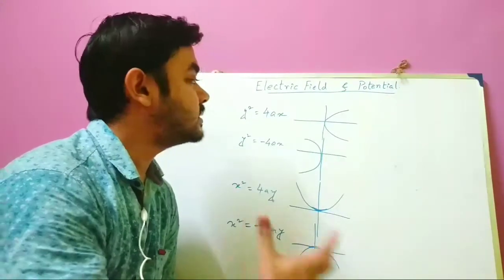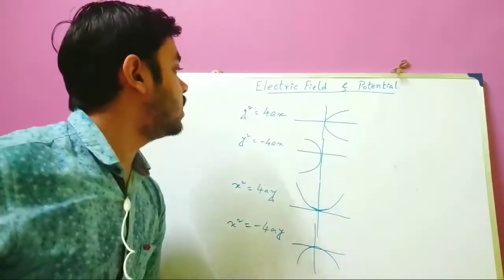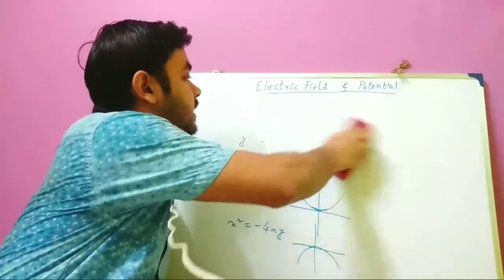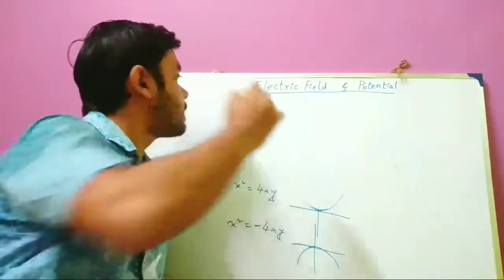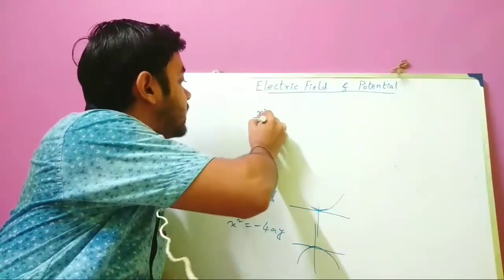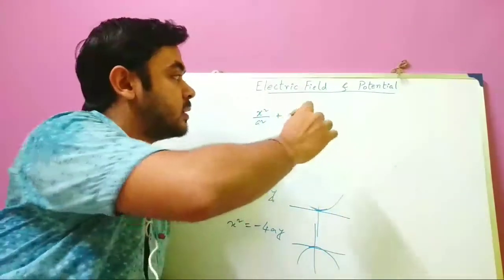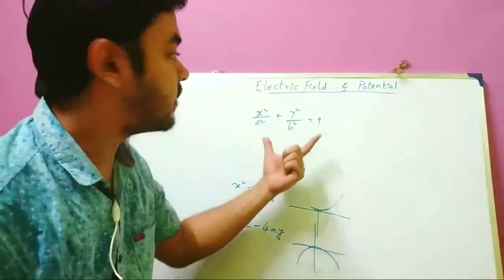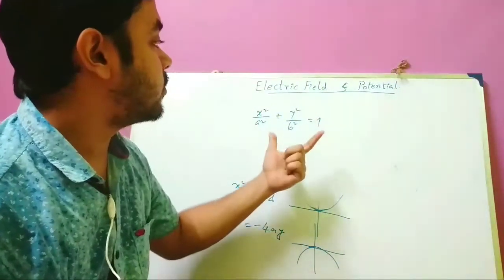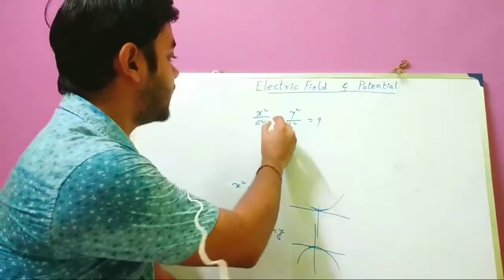Okay, now what is the general equation of a hyperbola? We know the general equation of an ellipse is given by x square by a square plus y square by b square equal to 1. Now for the hyperbola, this positive sign will be negative.